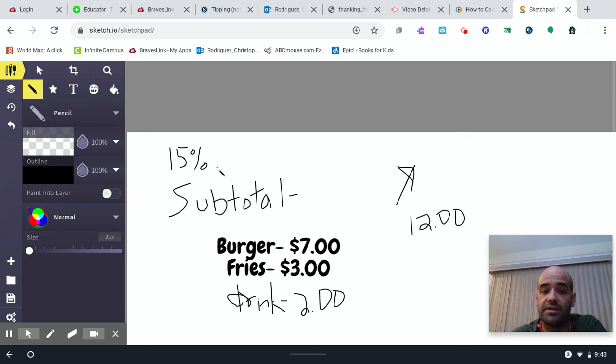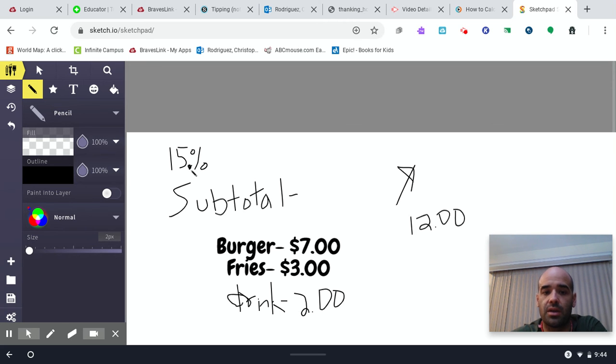So now I need to figure out 15%, a portion of that $12. When you're trying to figure out the percentage of a number, you take the percent and move the decimal over 2 places. The decimal is to the right of the ones place.